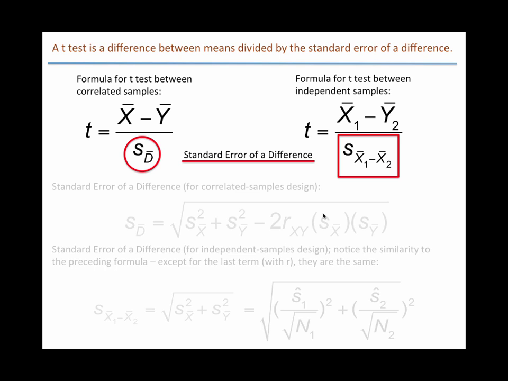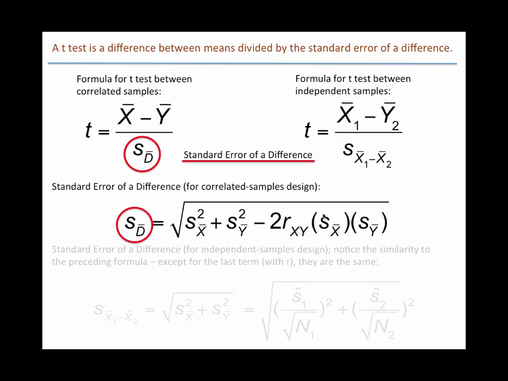So let's focus now on the left-hand side formula, the t-test between correlated samples. How do we compute that standard error of a difference? Well, that looks pretty daunting, and you might be getting a little nervous at this point, but just relax. First, let's just take a look at it, and I want to point out something, namely that we have a Pearson R as part of the formula.